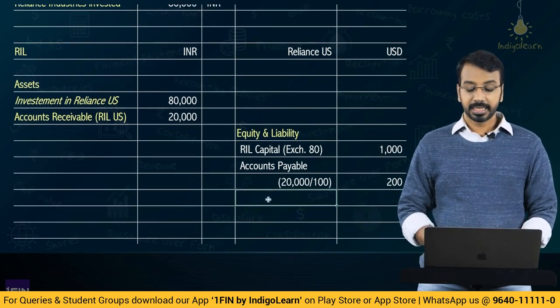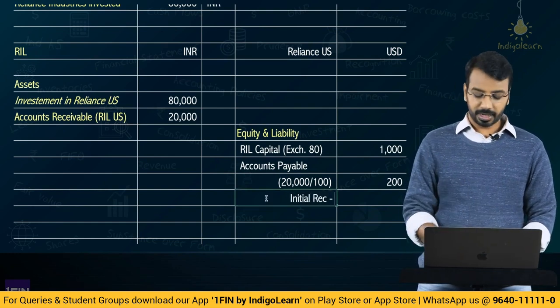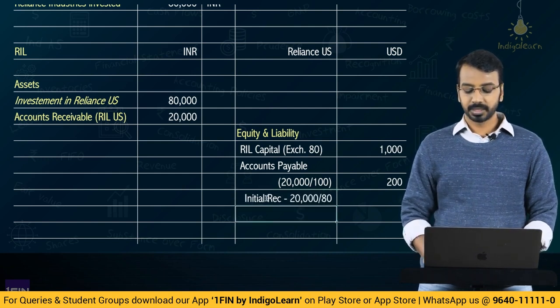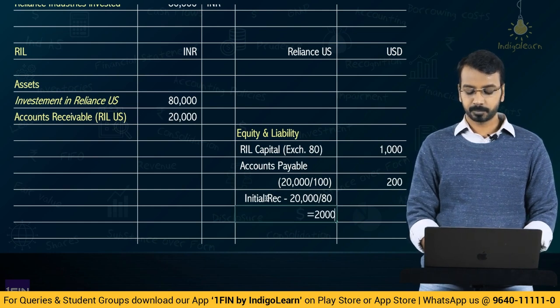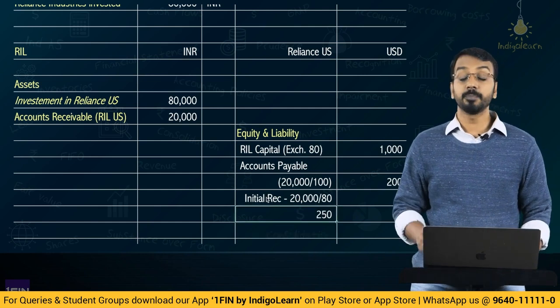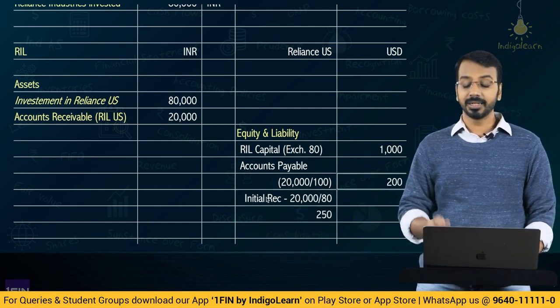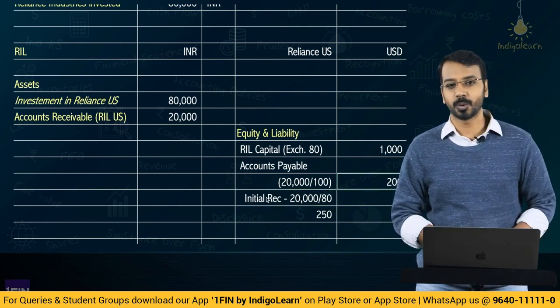But initially it was recognized as 20,000 divided by 80, that is 250. So initially the transaction was recognized as 250, but now at the year end, the accounts payable is being measured at 200.